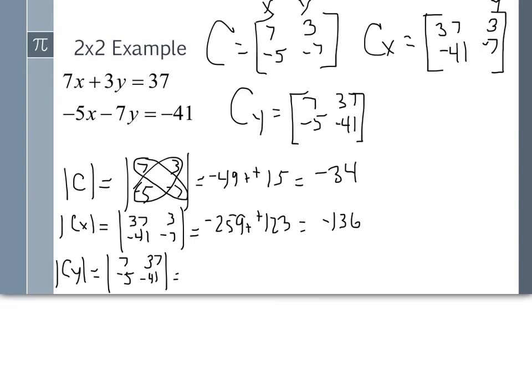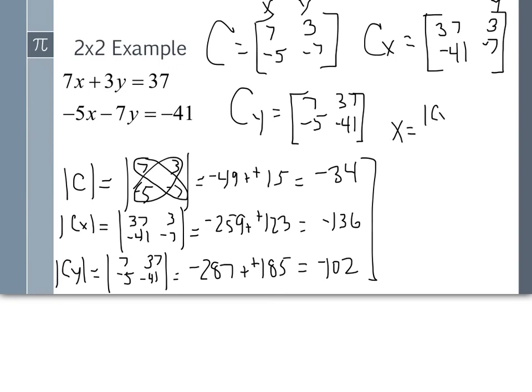Negative 41 times 7 is negative 287. 37 times negative 5 is negative 185. Negative 287 minus negative 185 is going to be negative 102. So after we take these three determinants, now we can actually solve the system.